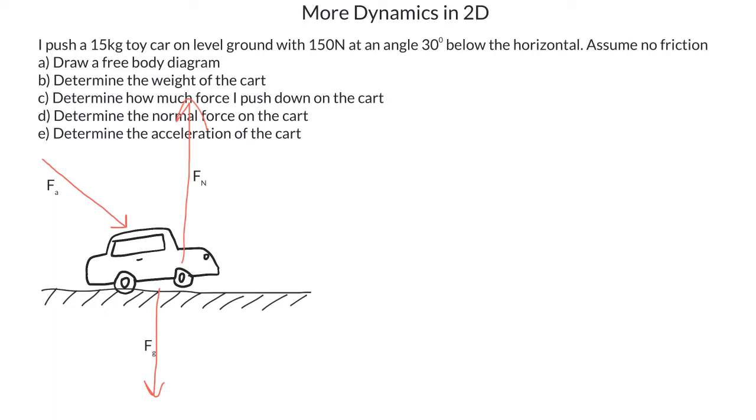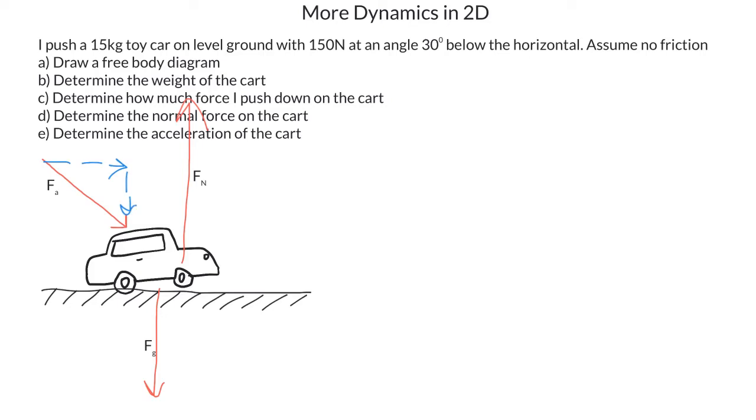But I'm going to add one more kind of piece here. I can recognize that this force here is on an angle. And so what I'm going to do is I'm going to draw in the components of this angle. So really what's happening is that I am pushing somewhat to the right and somewhat down.